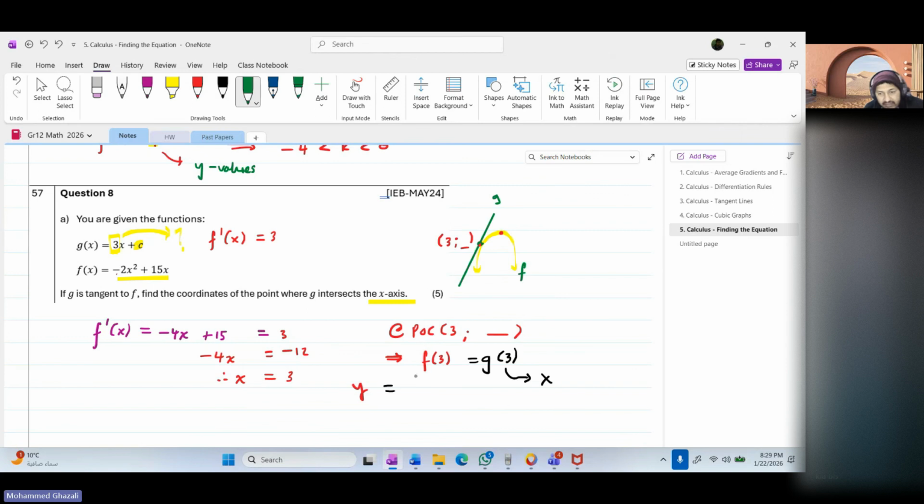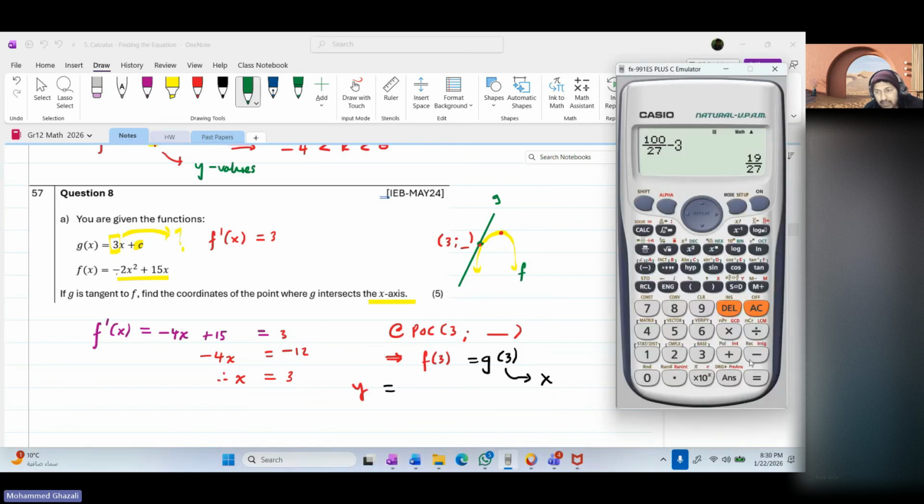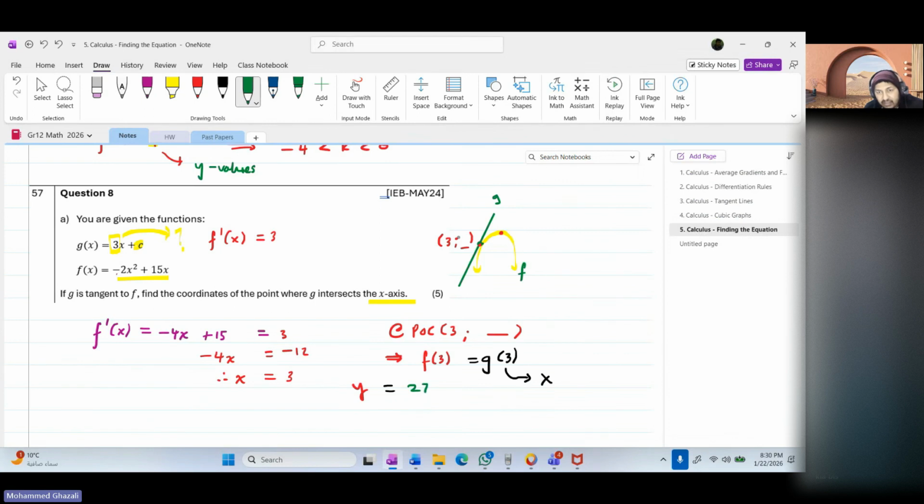Substitute 3 inside the f function. So minus 2 times 3 squared plus 15 times 3. And I've got 27.